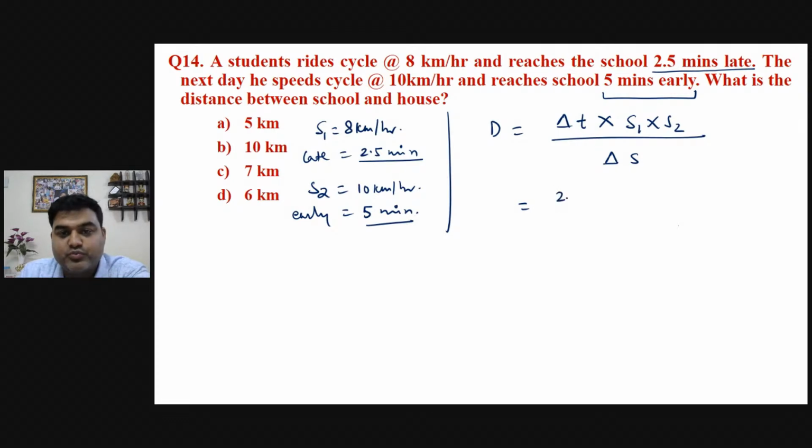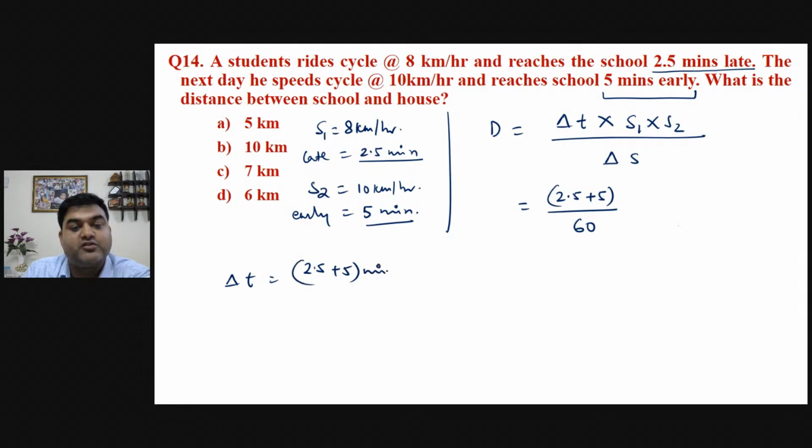Add it: 2.5 plus 5 minutes. Everything is given in kilometer per hour, so can we write this divided by 60, which will change into hours? Delta t is equal to 2.5 plus 5 minutes. So can we write this as 7.5 divided by 60 hour? That is what I have done.